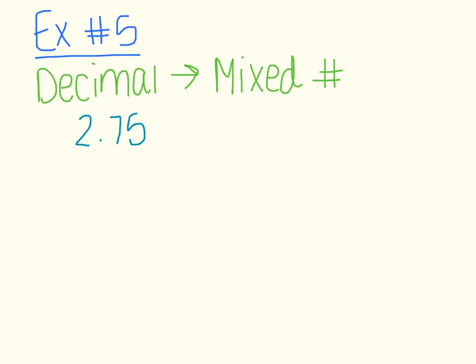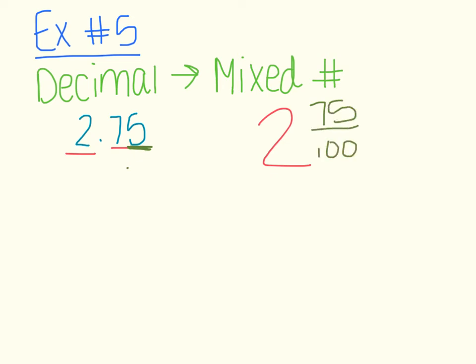Okay, I'm sorry, our last one was not our last example. I added more to this one so we could have a little more practice. I'm used to only putting 4 examples. But we have another decimal to a mixed number. So we have 2 as the whole number. Now we need to make this into a fraction. So we see where our last digit is. The 5 is in the hundredths place. So we put 75 over 100.